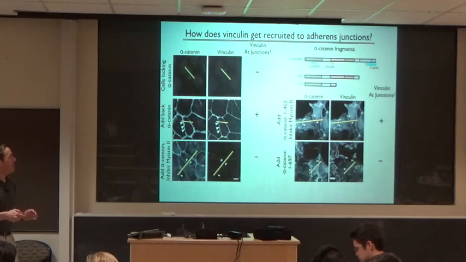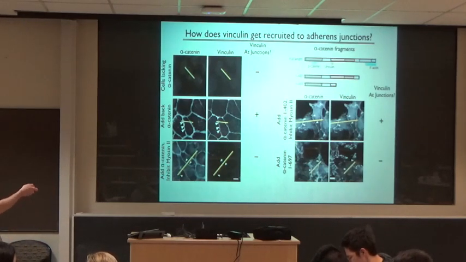Okay, so the key to understanding this experiment is to think about what's different between these two conditions, right? And what's different is this piece of the protein right here. So the strange result here is that the shorter piece of alpha-catenin can recruit vinculin, but the longer piece cannot.